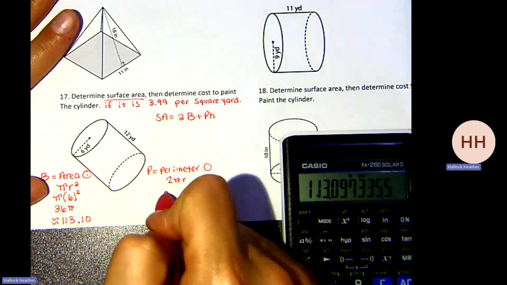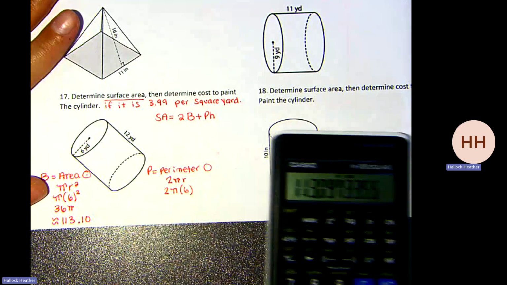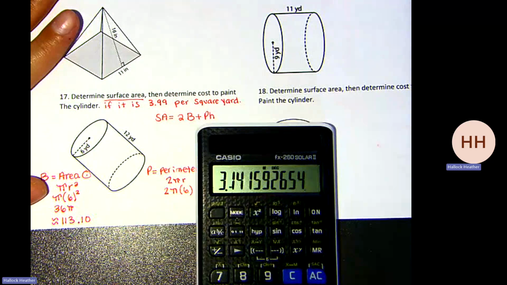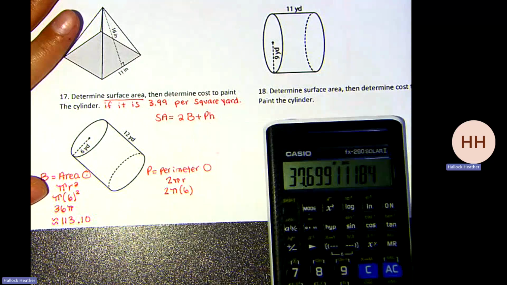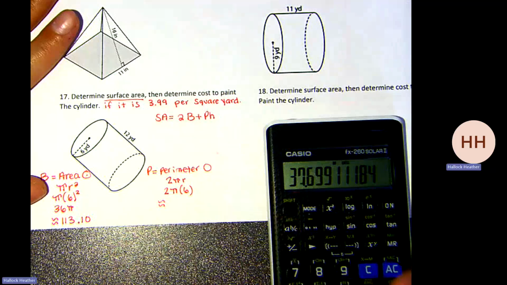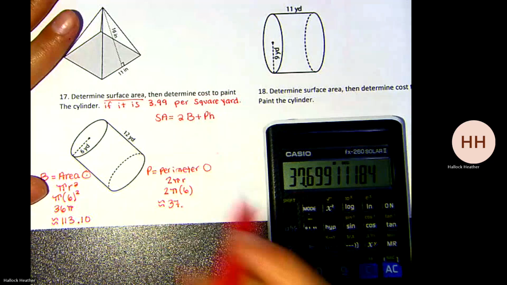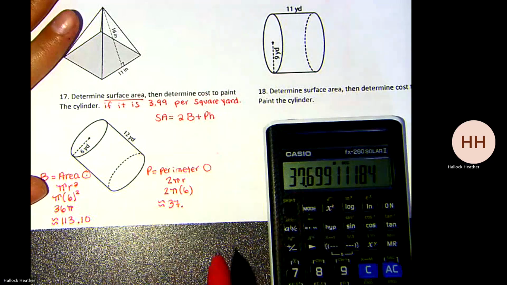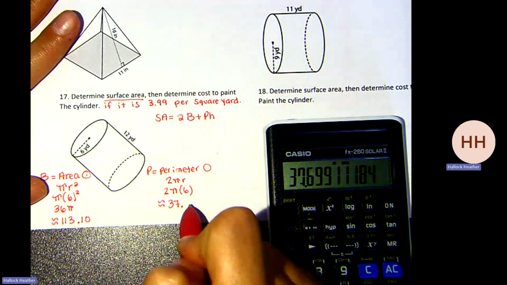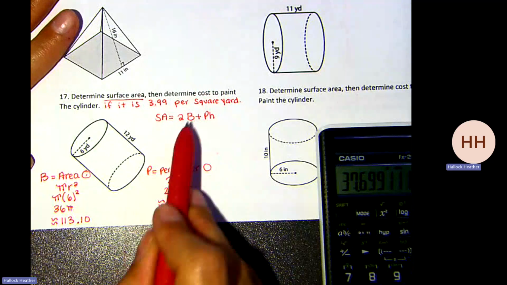For this one, 2 pi times my radius is 6, so I'm doing 6 times pi times 2. My perimeter is about 37.70. Okay, so I found big B and I found P, so I'm going to plug it in.